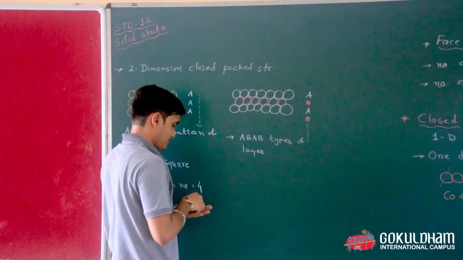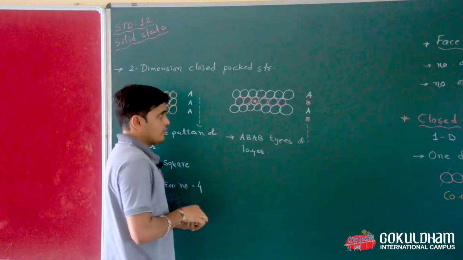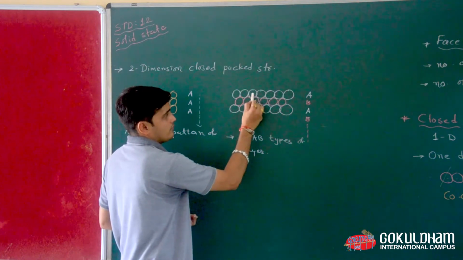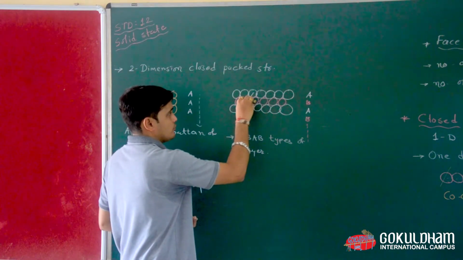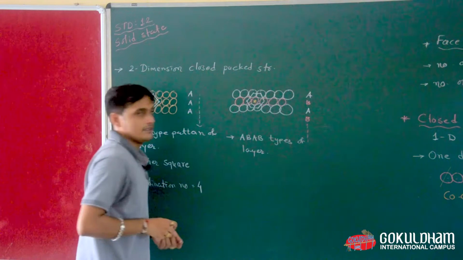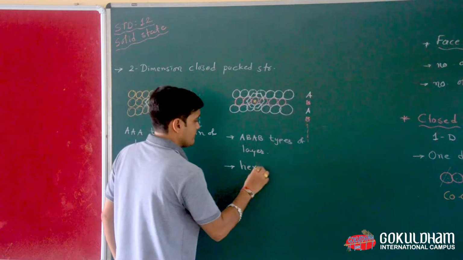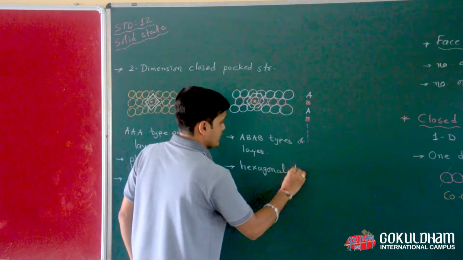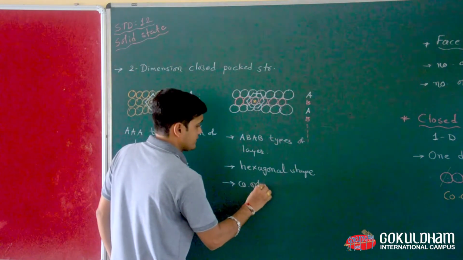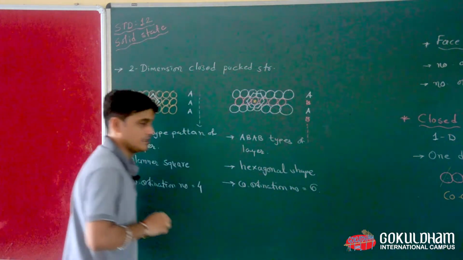In the second type you consider this marked sphere, you will see that this atom is directly connected with 1, 2, 3, 4, 5 and 6 molecules. So you can connect all these 6 molecules in this way. So the shape is hexagonal and the coordination number is equal to 6.